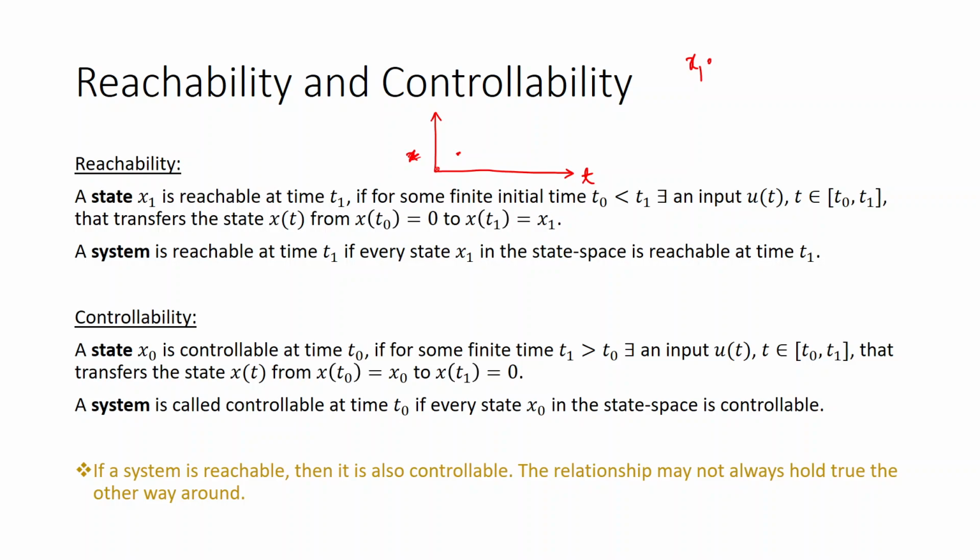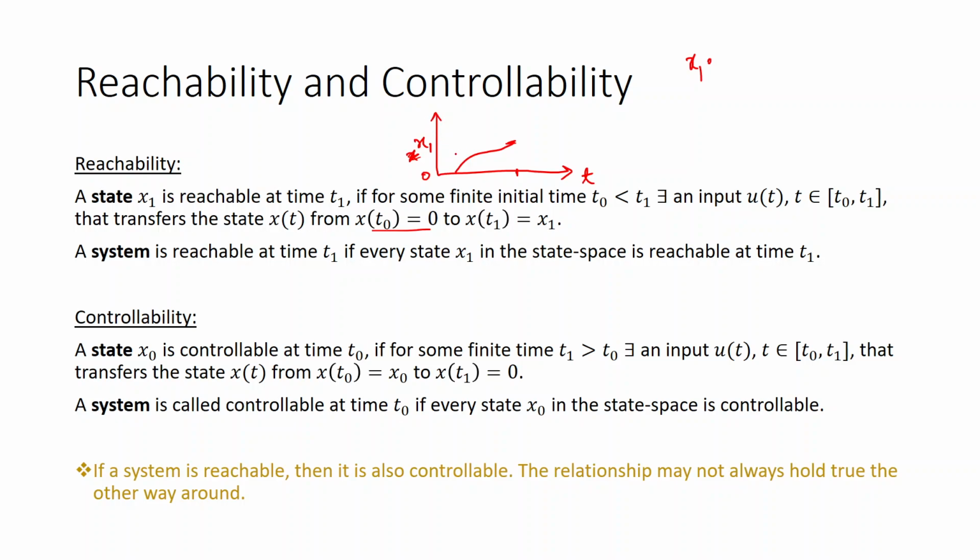So you are trying to reach from 0 to some state in this time. This may not start from 0, it can start from some other time instance. So let's see. Like from here to here, perhaps you are reaching. So you're reaching from 0 to x1 here.